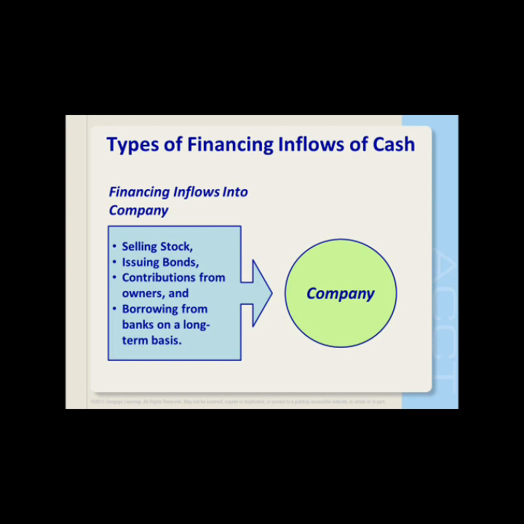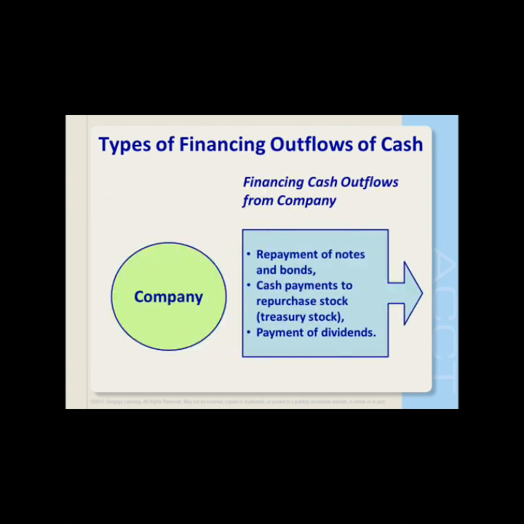And financing inflows: selling stock, issuing bonds, contribution from owners, borrowing from bank on long-term basis. And the outflows of financing are repayment of notes and bonds, cash payment to repurchase stock, payment for dividends.